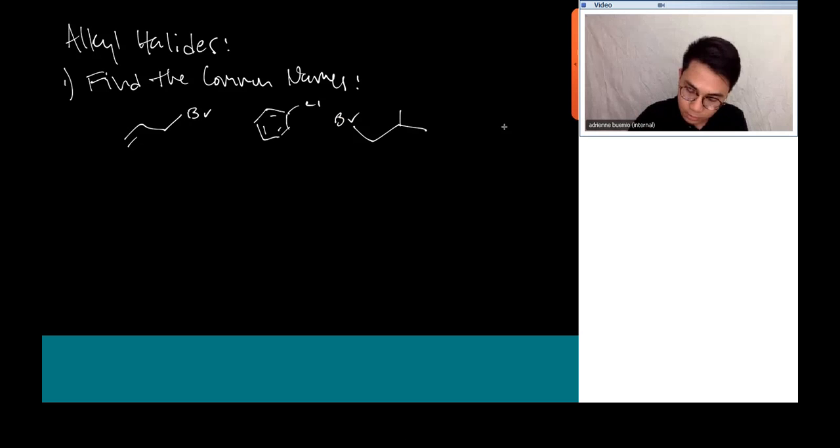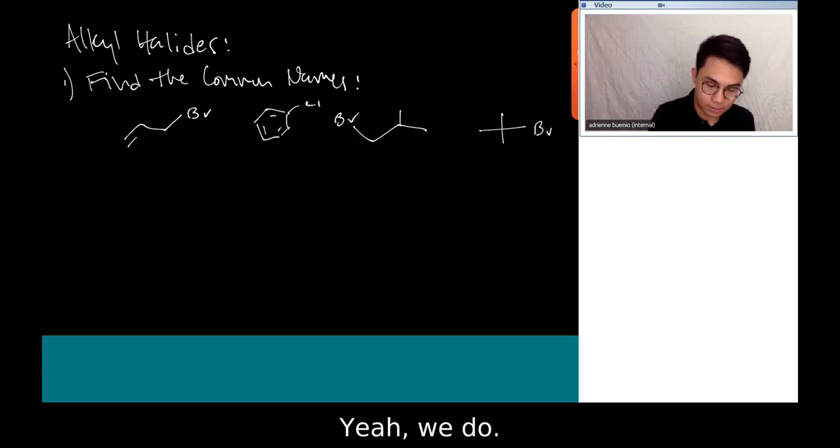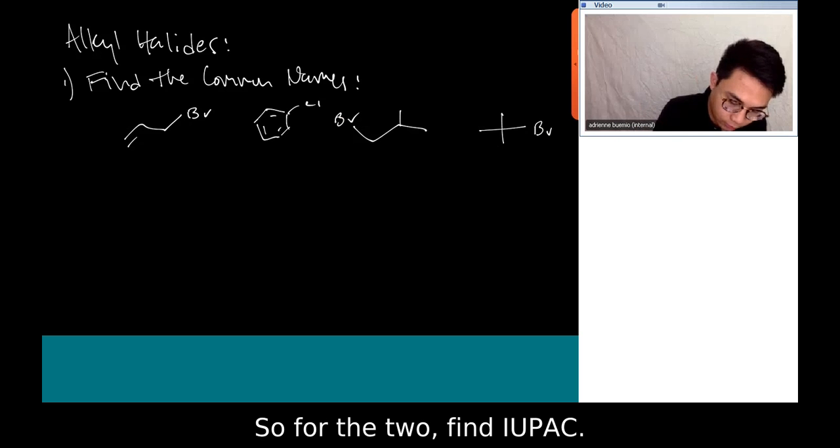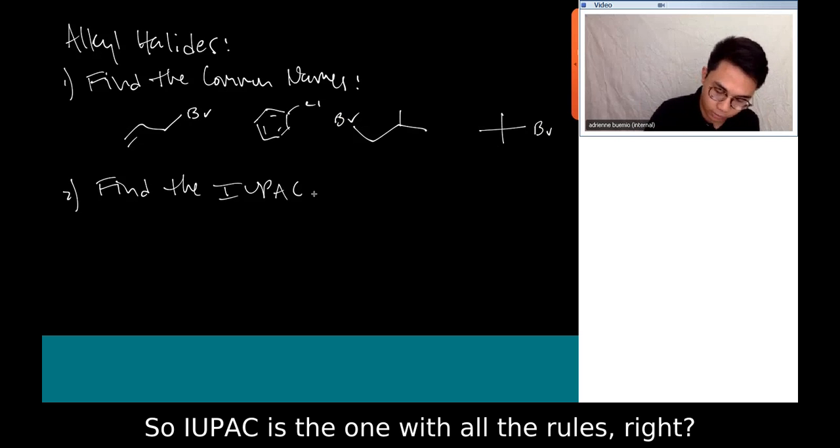And last one. Okay. And then let's see, do we have room for these? Yeah, we do. So for the two, find the IUPAC. IUPAC is the one with all the rules, right?